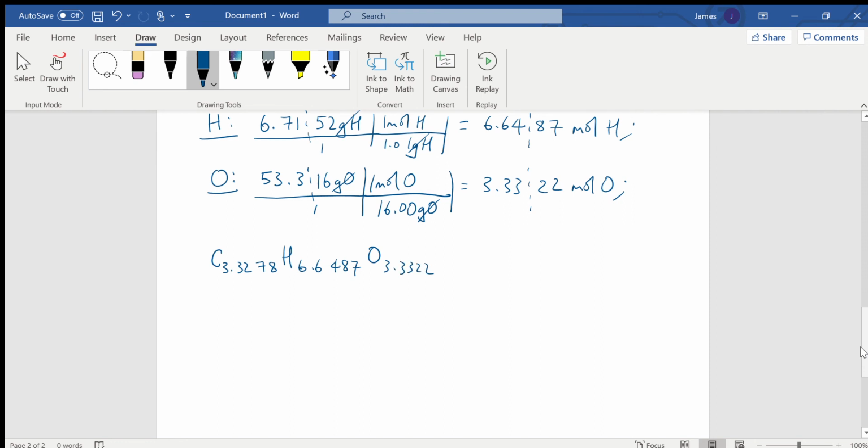And what I have to do now, let's change the pen, is divide through by the smallest number, which in this case is the first number, 3.3278. Divide throughout by 3.3278.